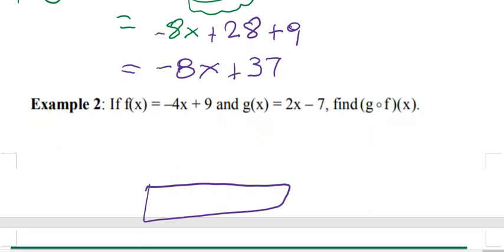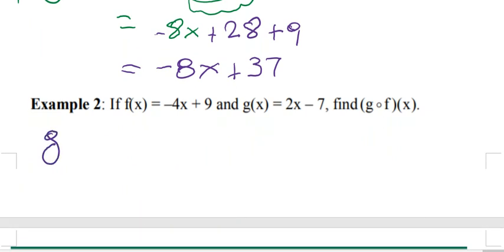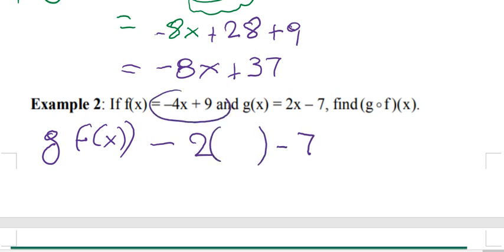So here I want you to remember it is g of f of x. So you start with g, 2 minus 7, and in here in the brackets you put that part. Have a go. Thank you.